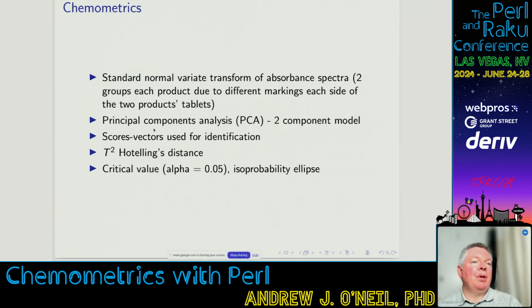So the scores vectors then, which are the multivariate mapping down into the low dimensional space, are used for identification, and the distance in the pattern space that is used in order to identify or reject a scores vector from a model is called Hotelling's t-squared distance.